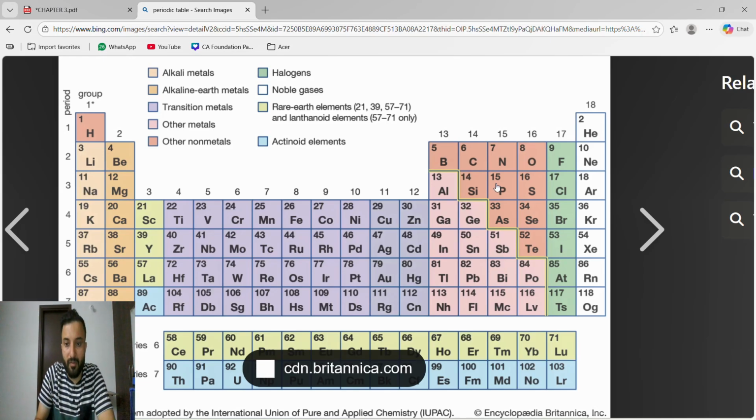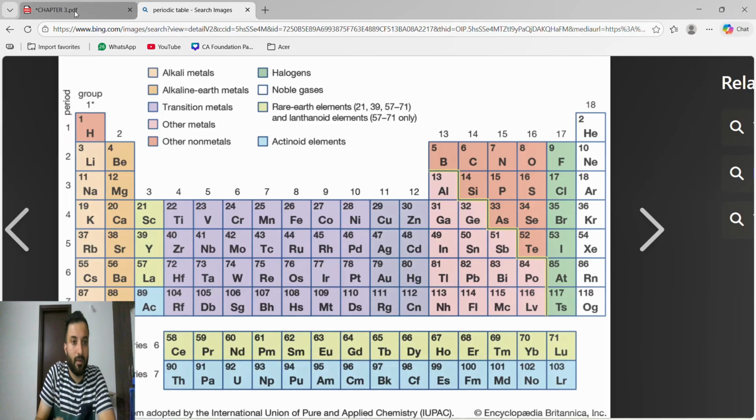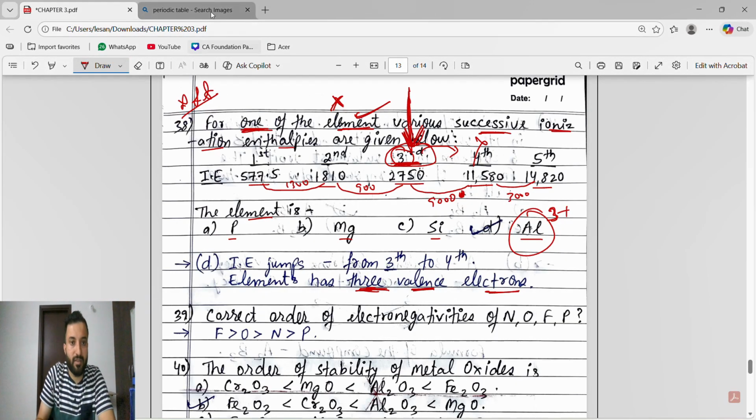So phosphorus ended here and started from here: 1, 2, 3, 4, 5. It has 5 valence electrons, so not possible. We want 3. Now magnesium.